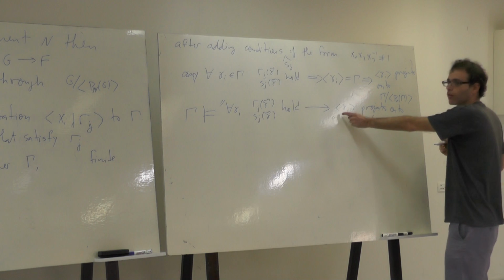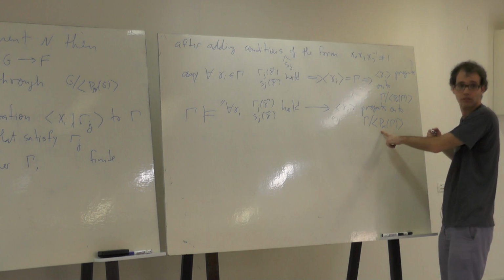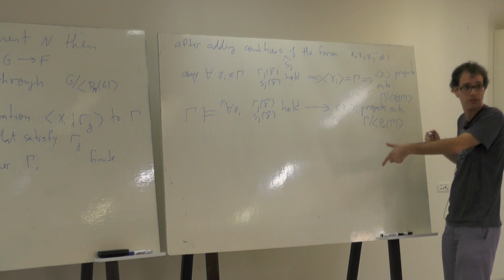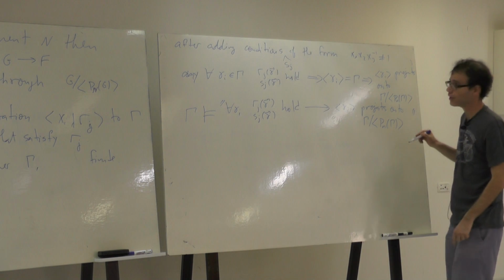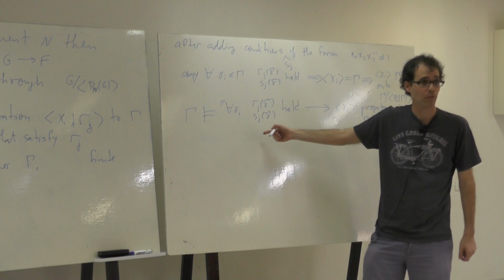It's enough to show that there are words, or just to give explicit words in the gamma I that cover all elements here. Okay? And therefore, delta also satisfies the same property.